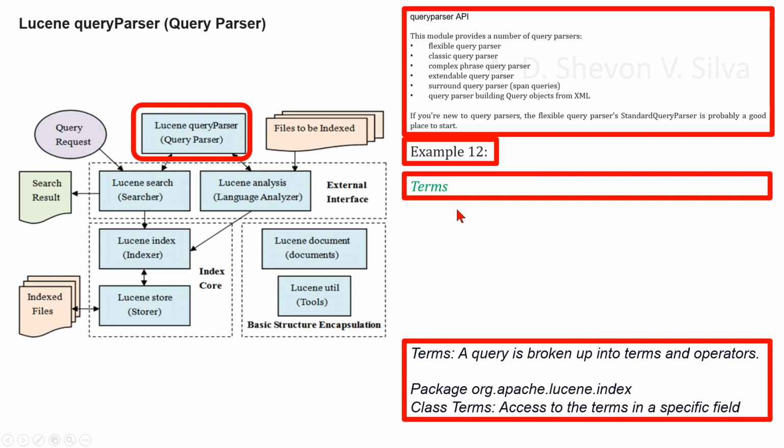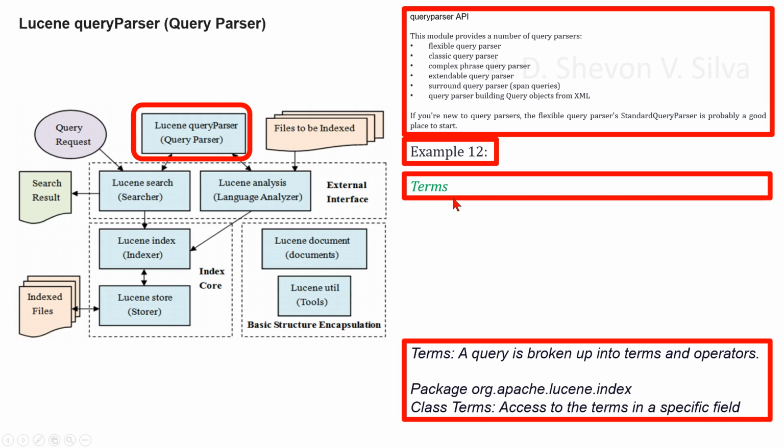Now we are considering terms. A query is broken up into terms and operators. The class Terms in package Apache.lucene.index provides access to the terms in a specific field. There are two types of terms: single terms and phrases.